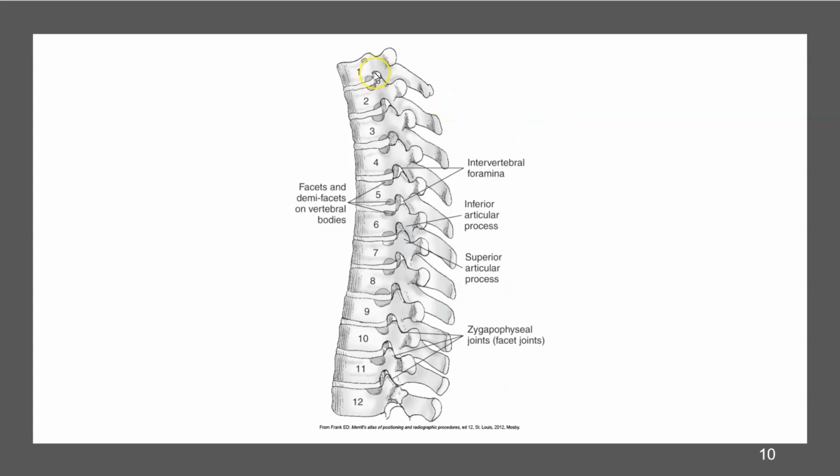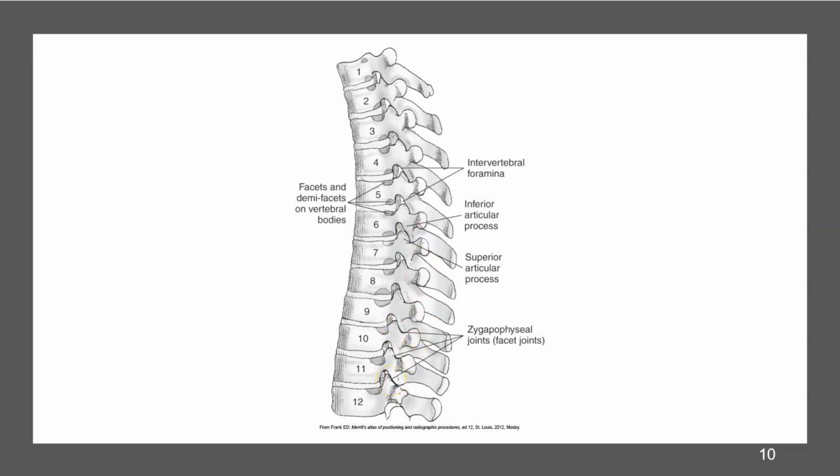If we're looking at the T-spine, we go 1, 2, 3, 4, 5, 6, 7, 8, 9, 10, 11, and 12. Within each one of these, we have the intervertebral foramina, which is the opening. We have our facet and demifacets on the vertebral bodies. We have our inferior articular process and our superior articular process with the zygapophyseal joints or facet joints.